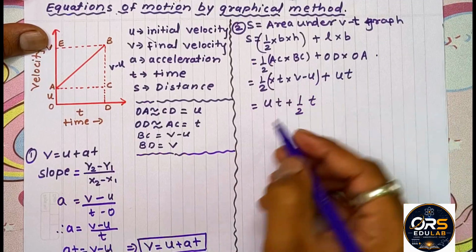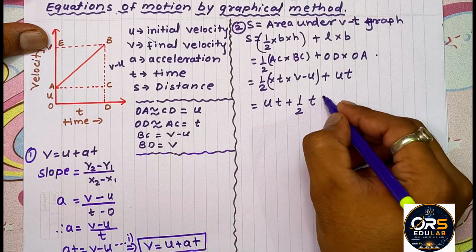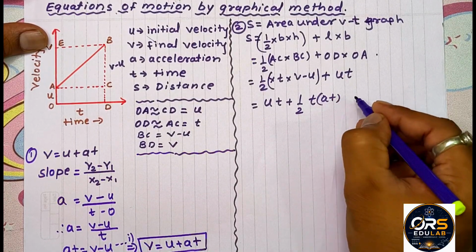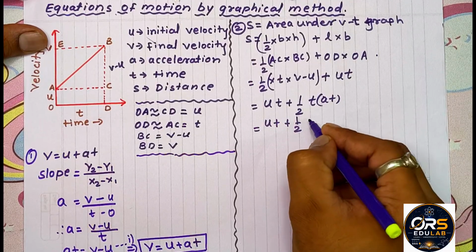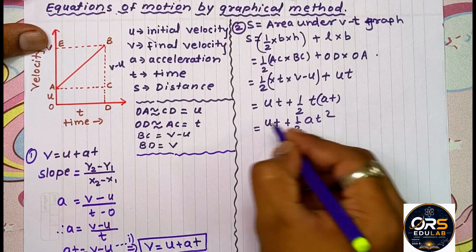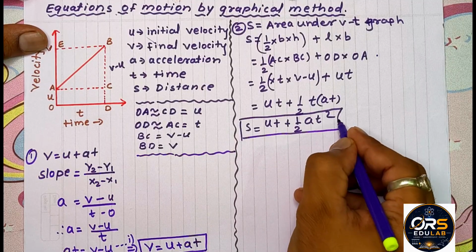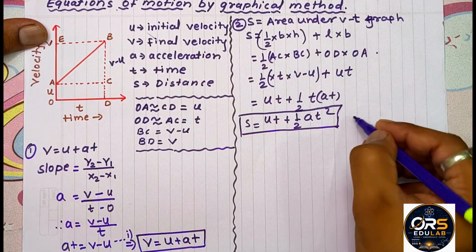For V minus U, from equation 1, we can write V minus U as a into T. So s is equal to UT plus half AT into T, that is half AT square. This is the displacement or distance. So this is the second equation of motion we are getting from the area under the graph.